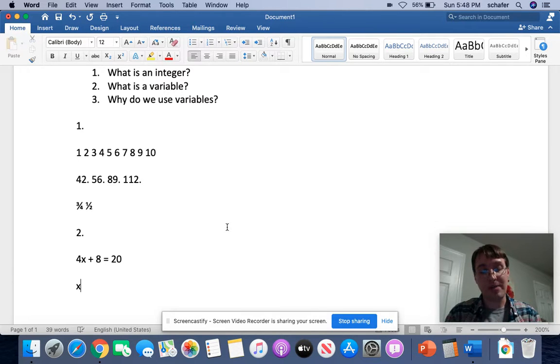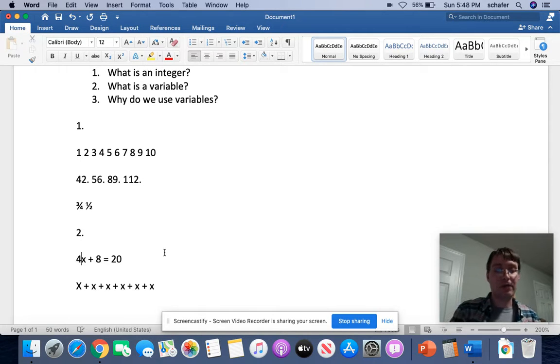So what that says is 4 x's. You might even add them together. If I changed it to 6x, I would need 6 x's. One, two, three, four, five, 6.